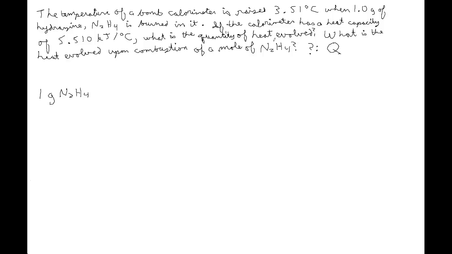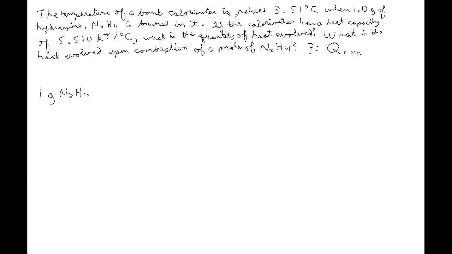I don't think we've used that word evolved before. I'm not quite sure how to put evolved into terms. So evolved just means the heat for that particular process. I think when they phrase it this way, they mean the heat evolved for the reaction.